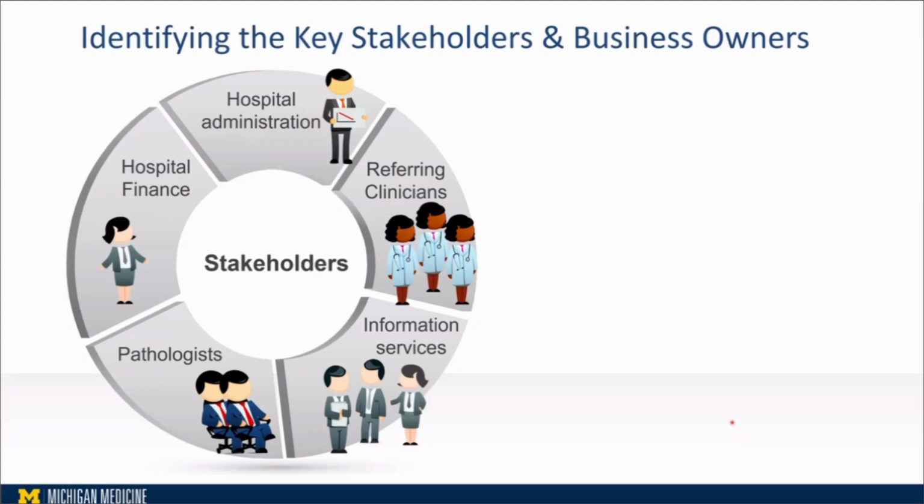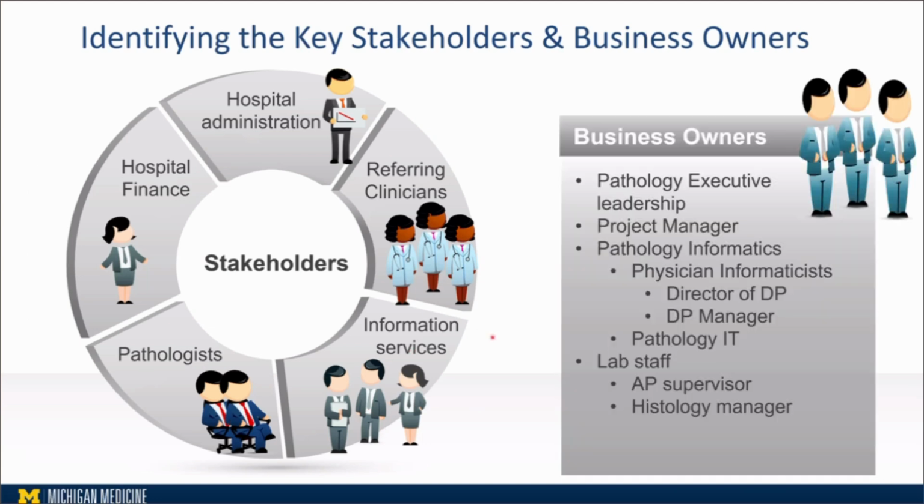The other thing, before starting the entire project, is to identify the key stakeholders and business owners. For example, our stakeholders were the hospital admins, hospital finance, referring clinicians, information services, the IT team, and pathologists. The business owners were the executive leadership from pathology and the project manager, which is extremely important.